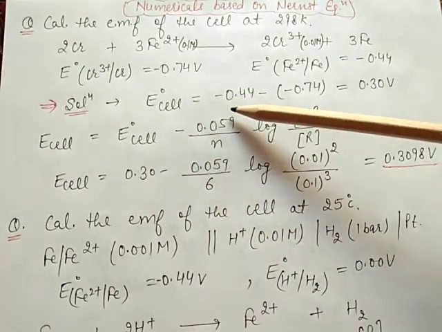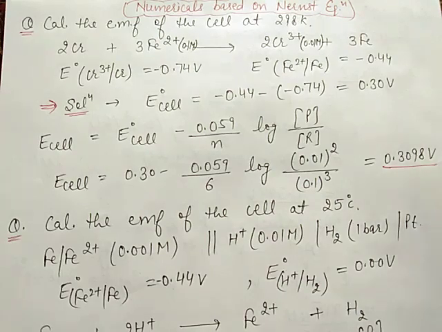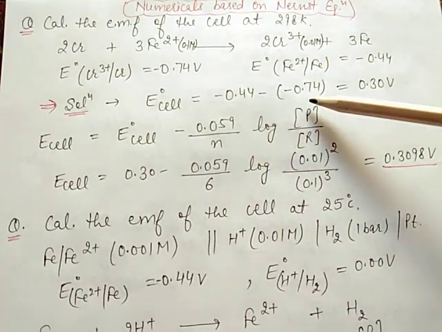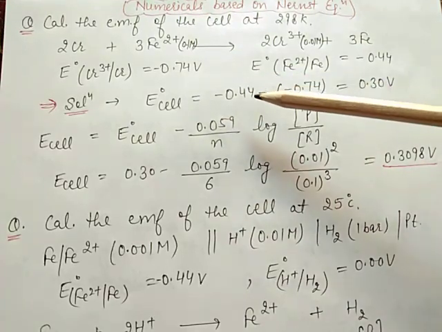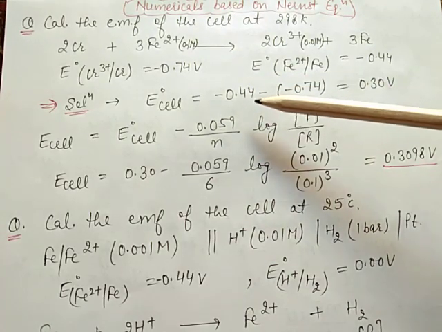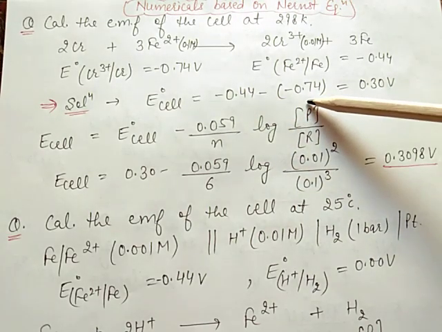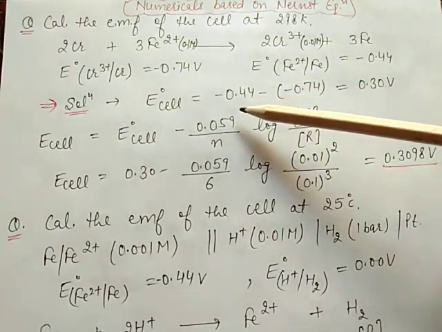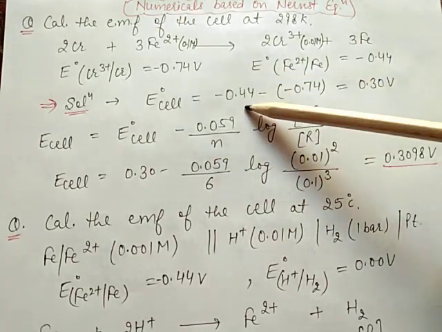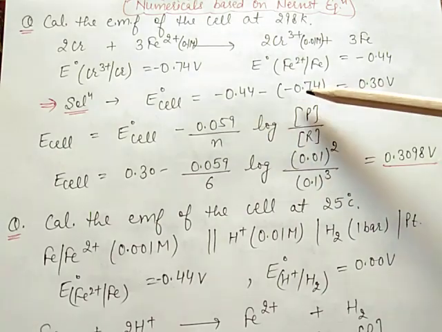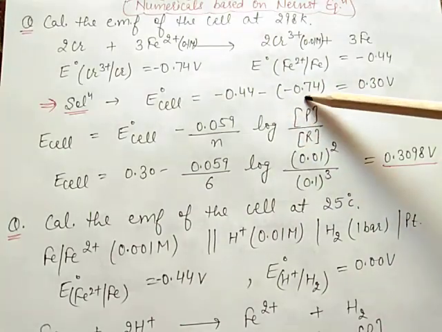E naught cell is equal to E naught cathode minus anode, or you can say right minus left, or you can say that cathode having reduction and anode having oxidation, means reduction minus oxidation.